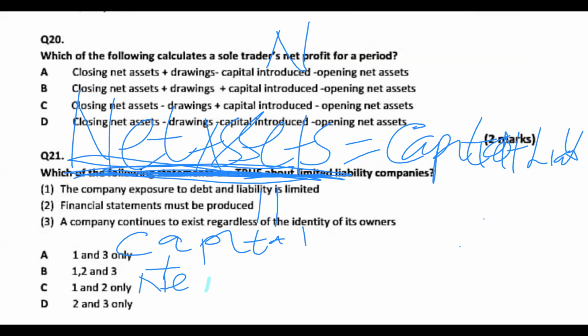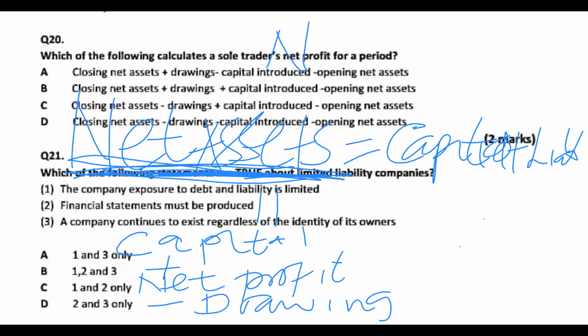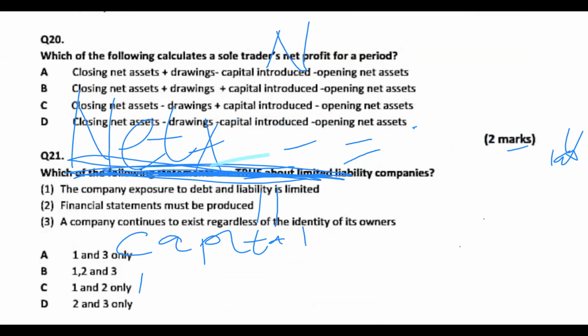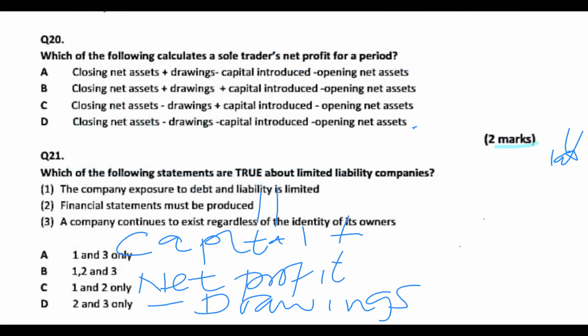Do you remember that equation? You add the net profit. Then from net profit, what do you less? You less the drawings. Do you remember? Yes, you are deducting the drawings from that equation. So now the question is, when you look at this equation, you have the net assets here, the difference in the assets, the net assets in short.